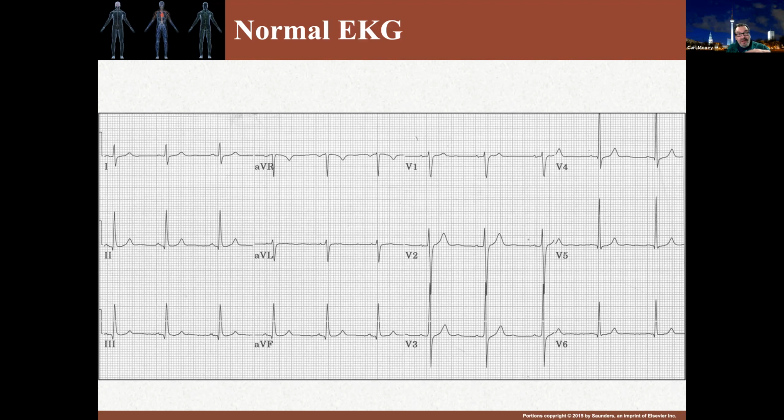And then terminally within this system is what we call the Purkinje system. Now, these are, again, cardiac muscle fibers, which have been highly specialized to conduct the signal very rapidly. Now, how do we apply this then to the EKG tracing that we're going to see?